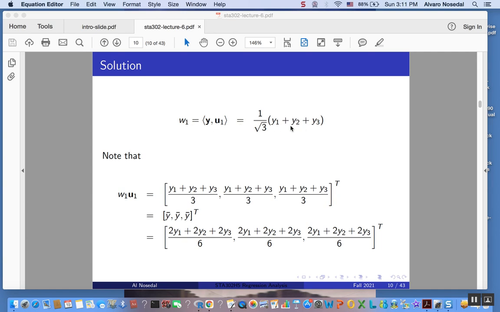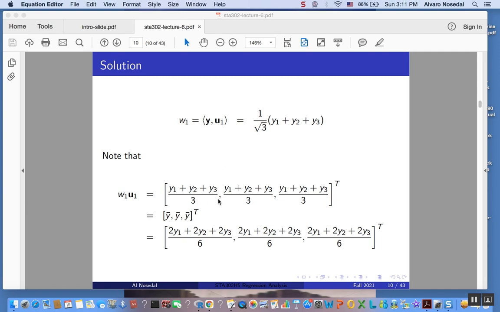So if you do that, it would be just 1 over the square root of 3 times y1, 1 over the square root of 3 y2, 1 over the square root of 3 y3, and you add them all up. That's the inner product, right? Because the generic vector y has first coordinate y1, second coordinate y2, third coordinate y3, and that is multiplied by 1 over the square root of 3 in each coordinate.